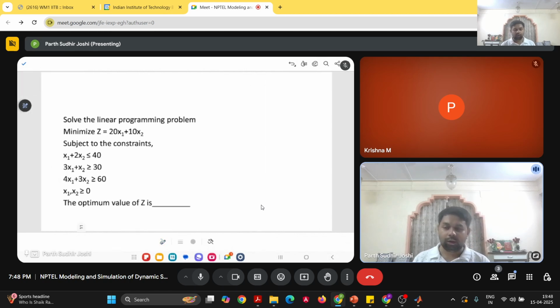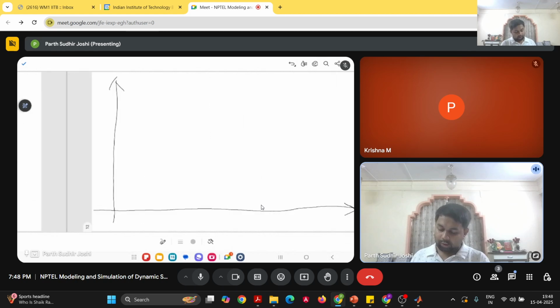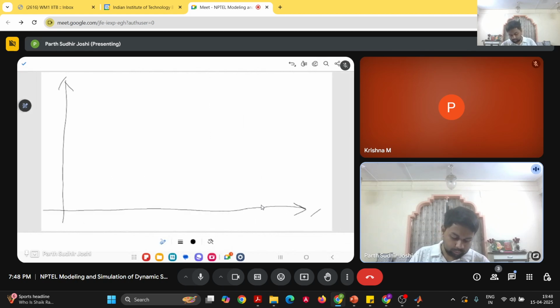So our feasible region is now reduced only to the first quadrant of the x and y, or x1 and x2 axis. So let us label this axis as x1 and this one as x2.